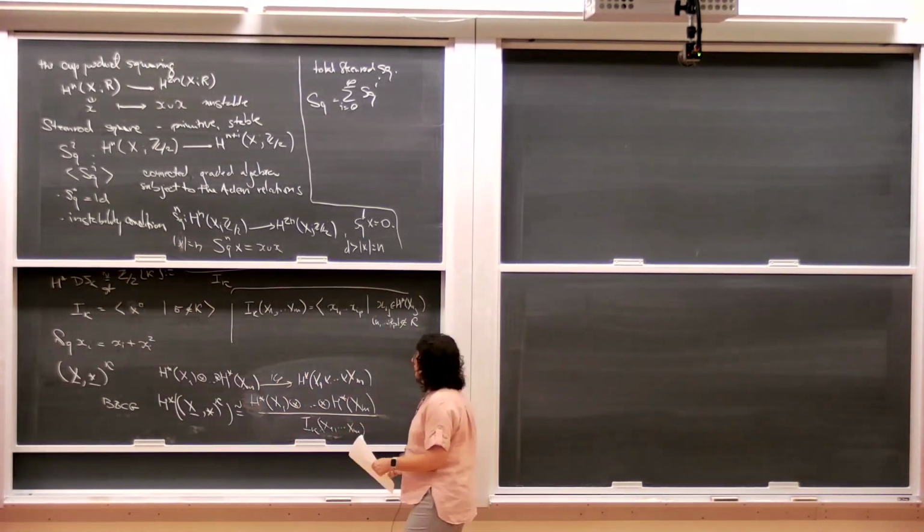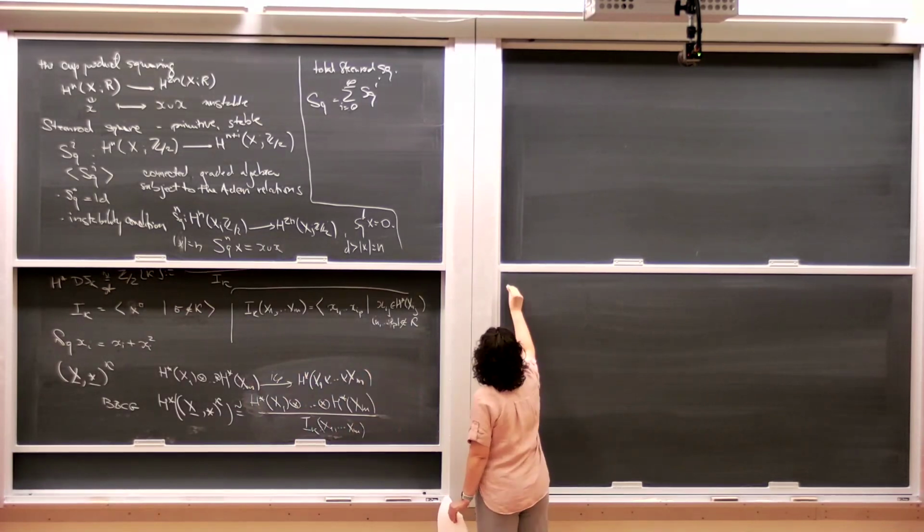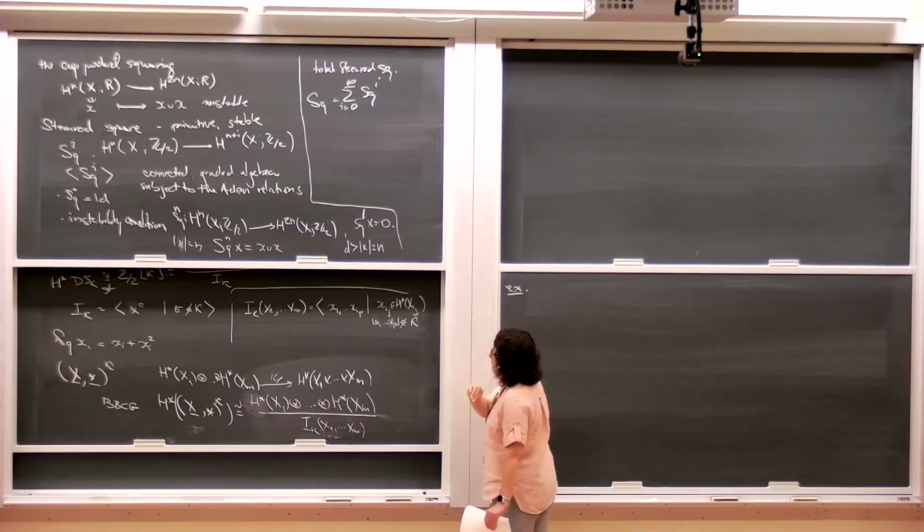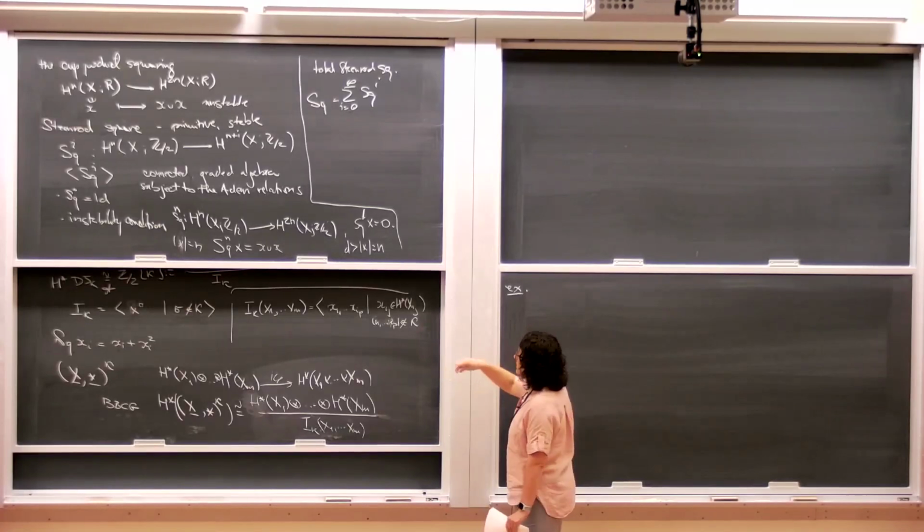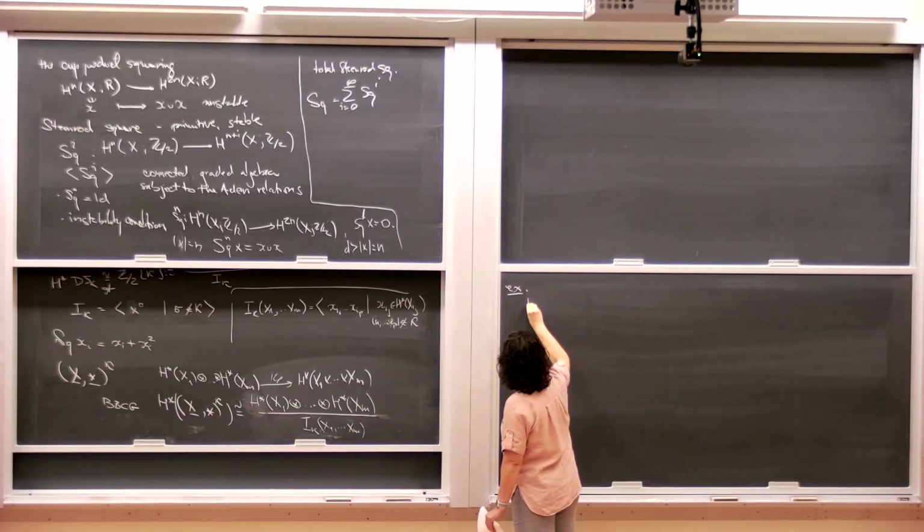Okay, so obviously then, as an example, you get the Steenrod action on the real moment angle complex.